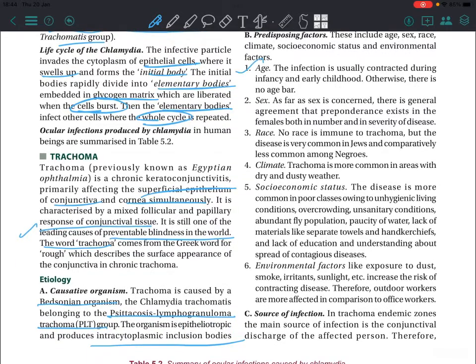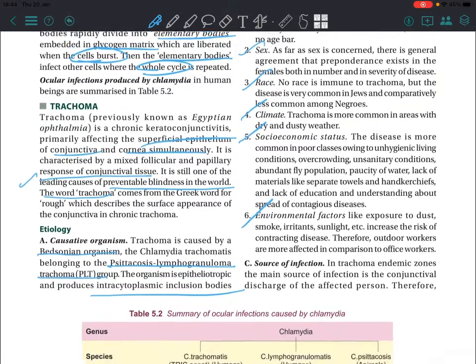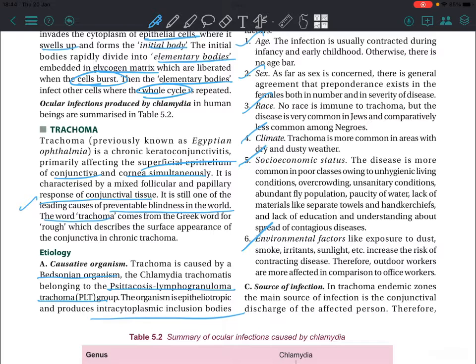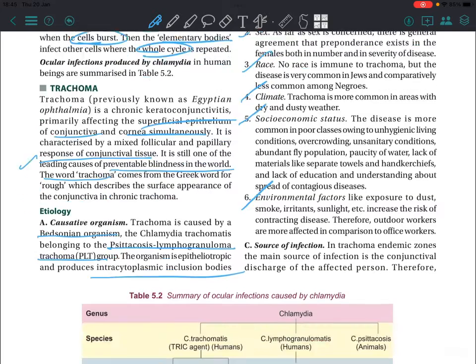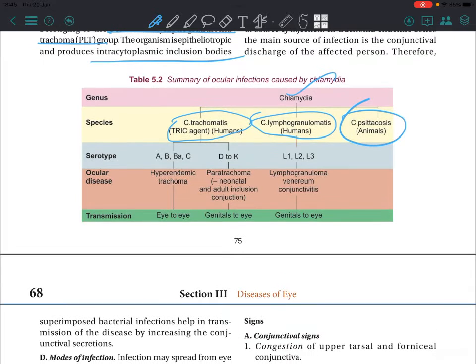Predisposing factors: age, sex, race, climate, socioeconomic status, environmental factors. It is usually contracted during infancy and early childhood. Chlamydia species: C. trachomatis, C. lymphogranulomatis, C. psittaci.